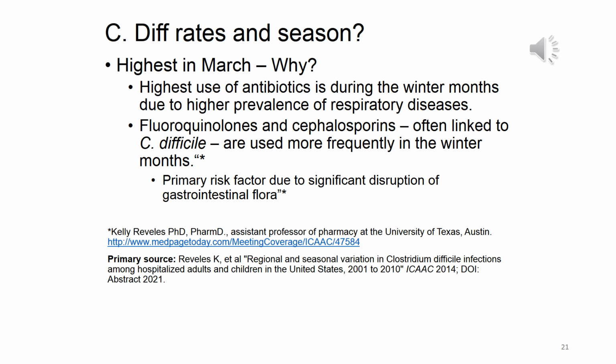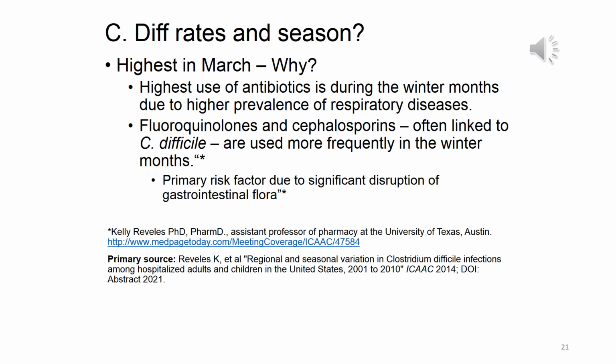So here's another example where you might want to look at complexity science, where there's something that's happening and it's not a direct association. It may take some investigation. So early on, when C. diff was emerging, people started to notice that it was more prevalent in March and in the spring months.